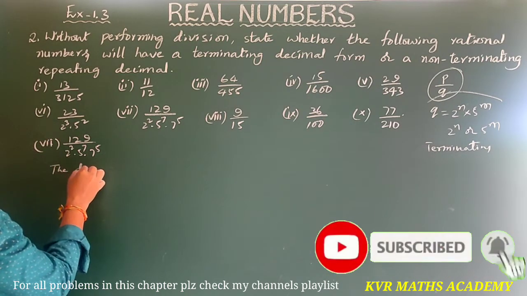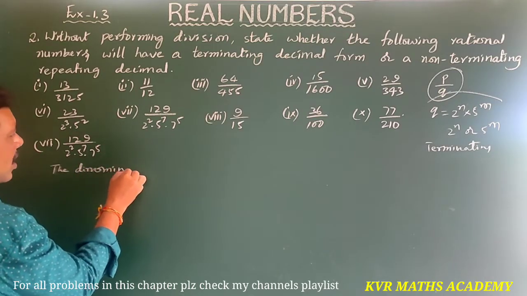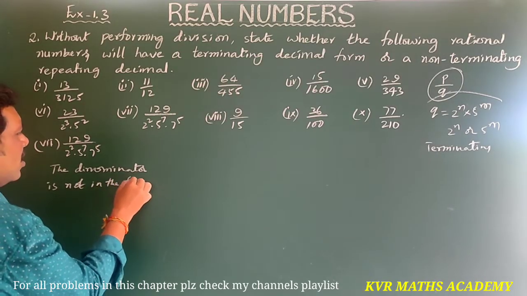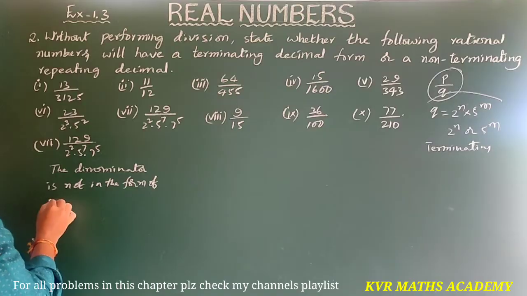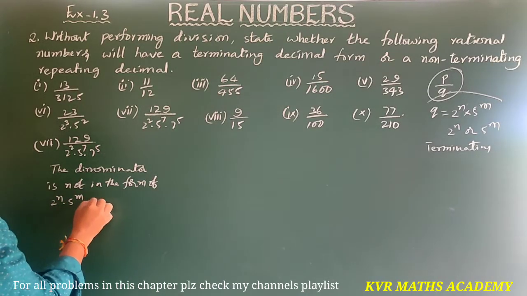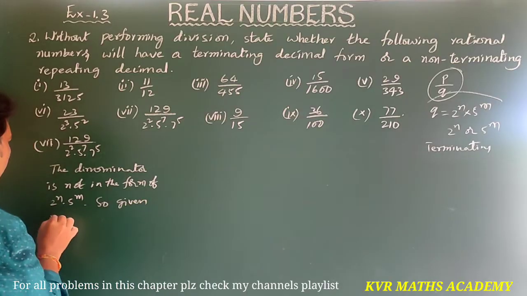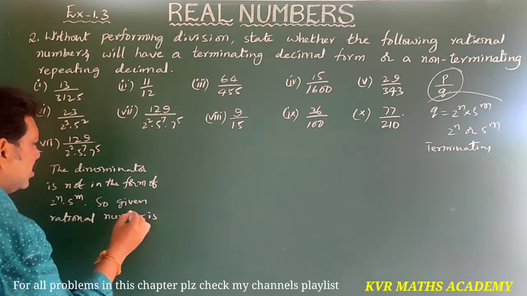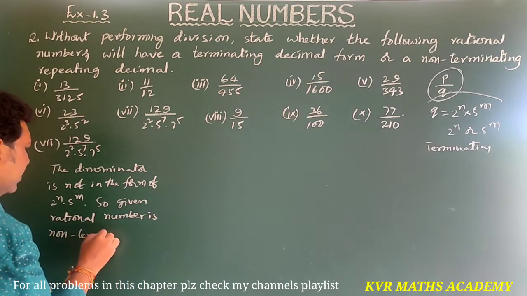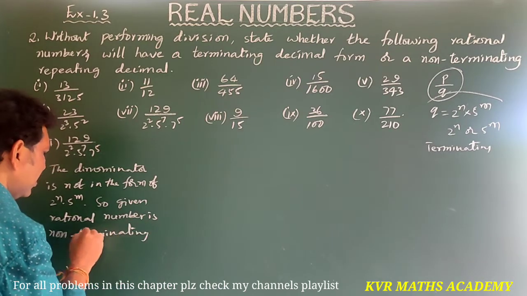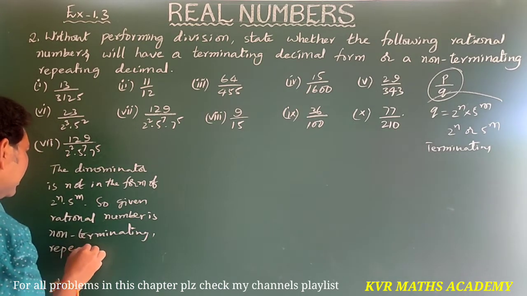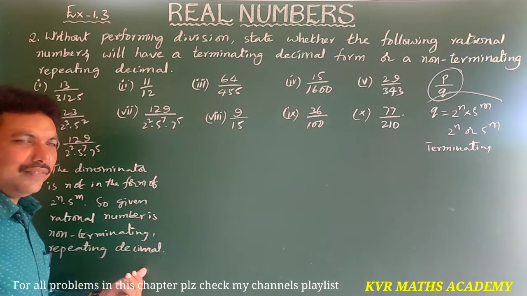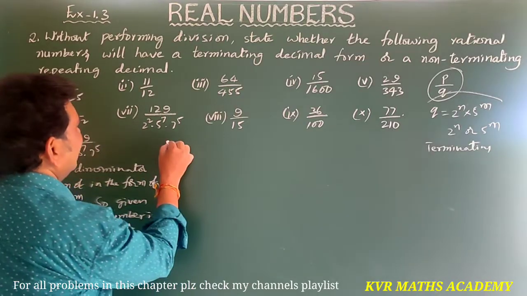The denominator is not in the form of 2 power n into 5 power m. So given rational number is non-terminating repeating decimal. Is it right? Yeah.